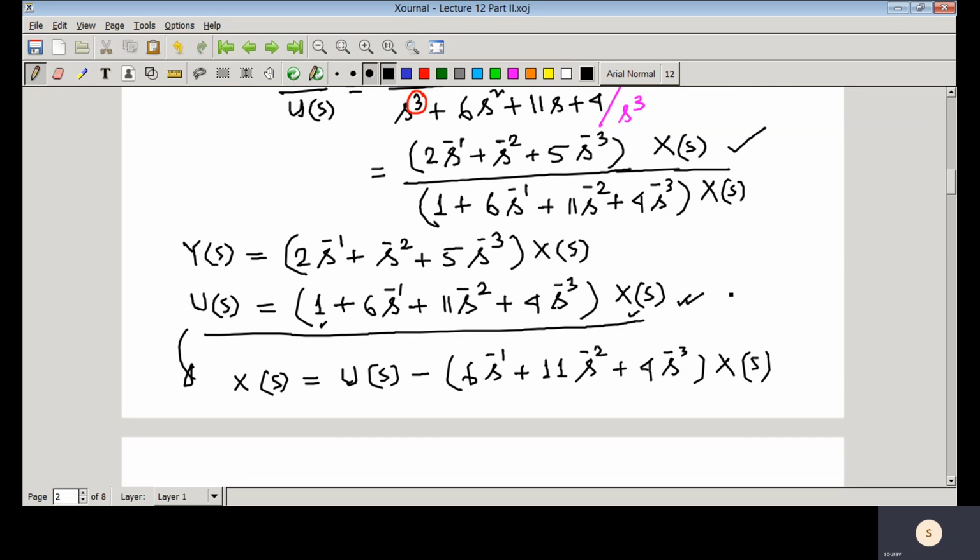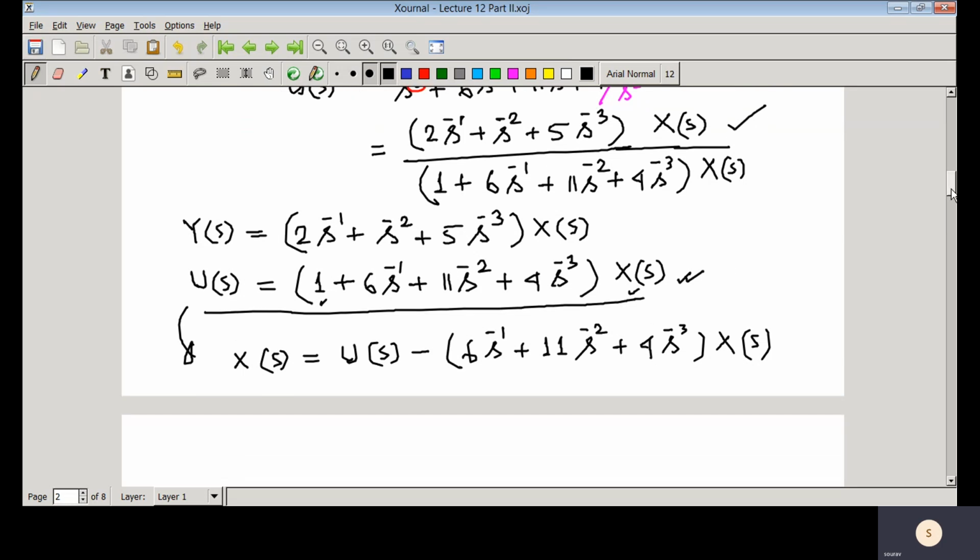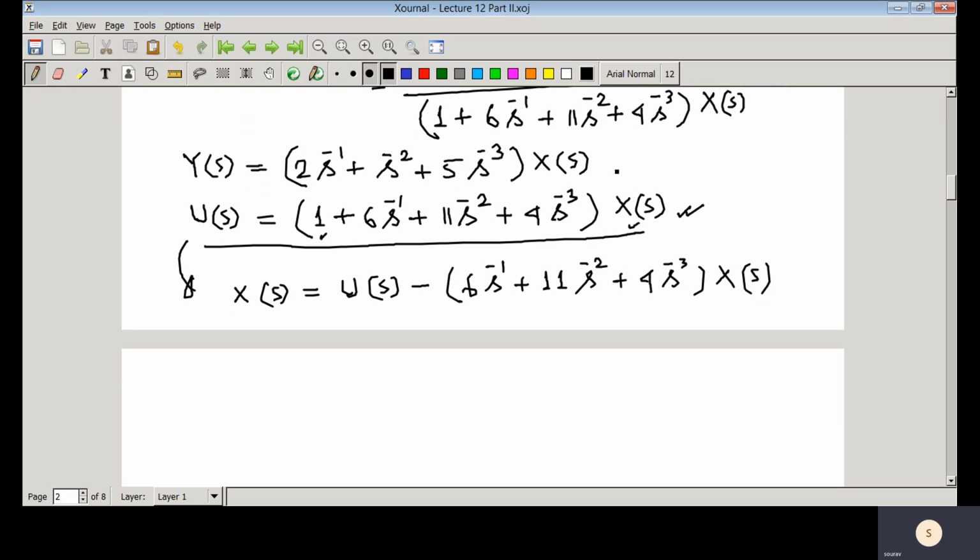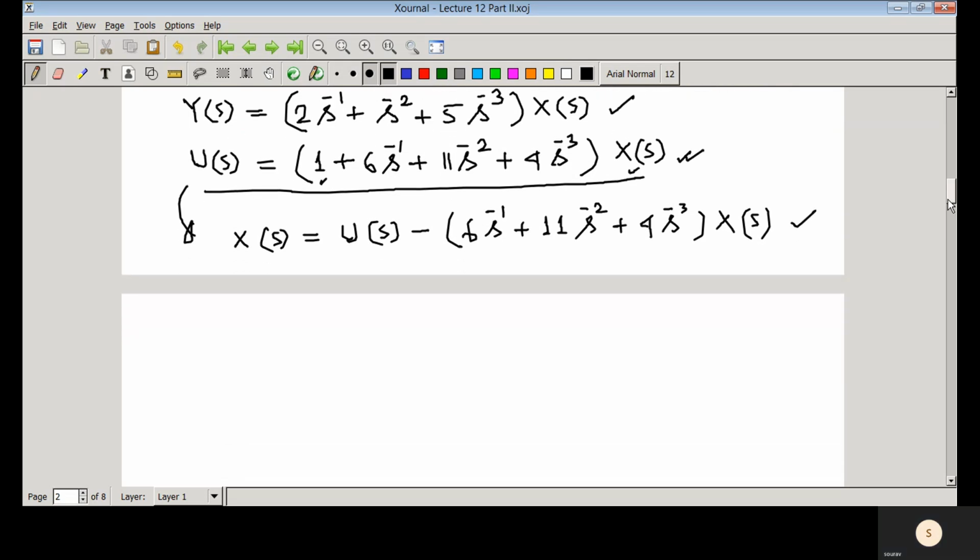I have just rearranged this equation. Now we have two algebraic equations, and we will realize these two equations in state diagram form.